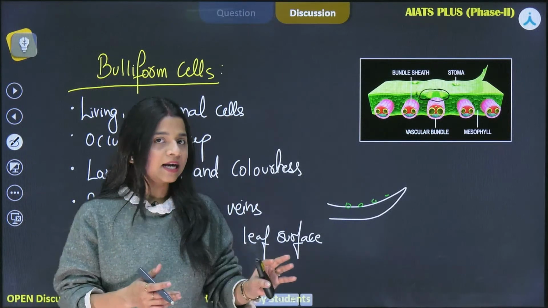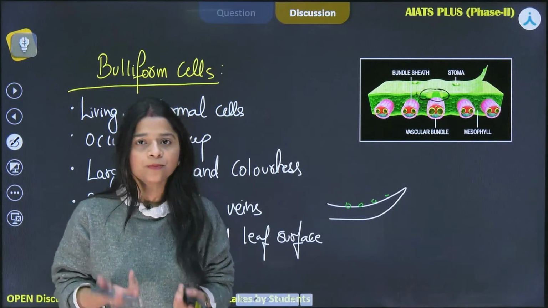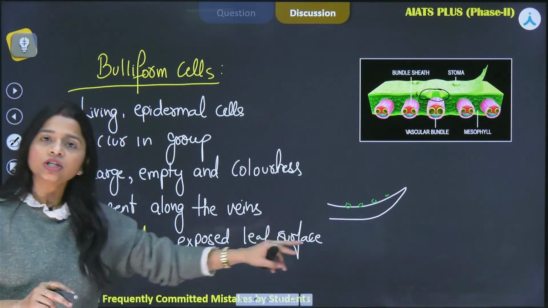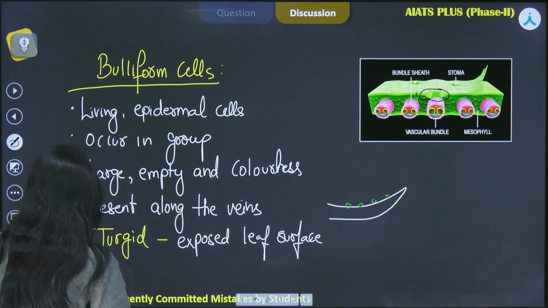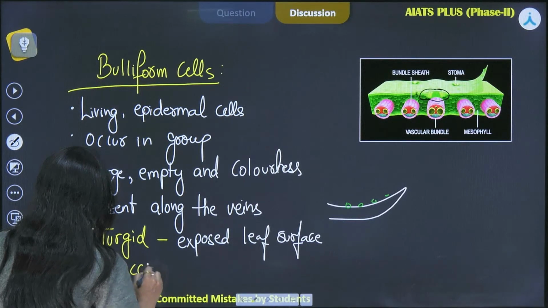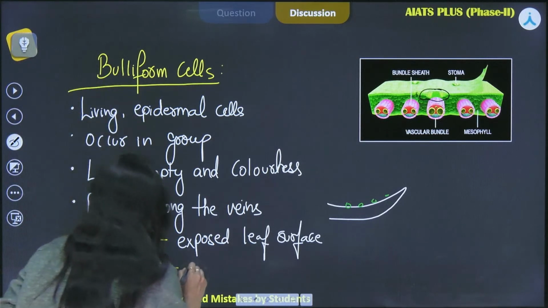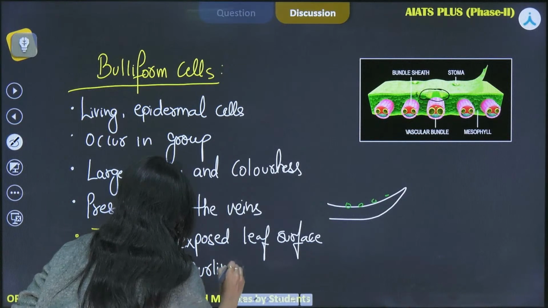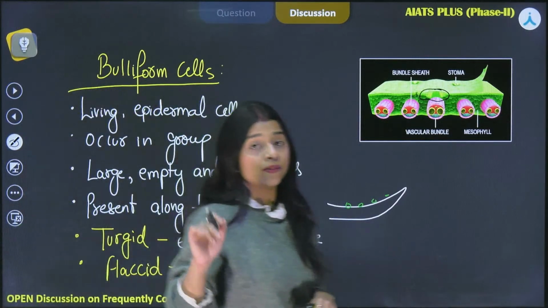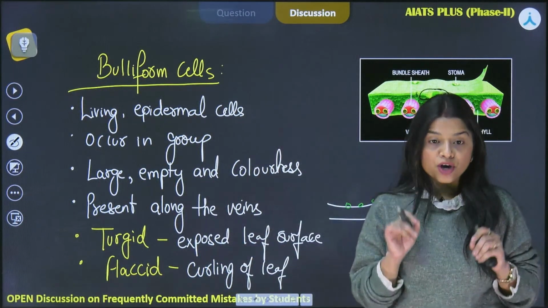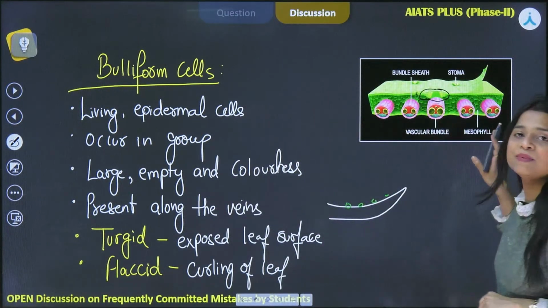Water is there, the cells are turgid, and hence the leaf doesn't have to curl. It doesn't have to prevent water loss. So in that case, the cells are turgid, the leaf surface is exposed. But if these cells become flaccid, that means there is deficiency of water. In that case, they will simply curl the leaf. The curling of the leaf will be observed when the cells are flaccid. So this is the function of these bulliform cells that you have to keep in mind. I hope this is clear in this particular representation as well.